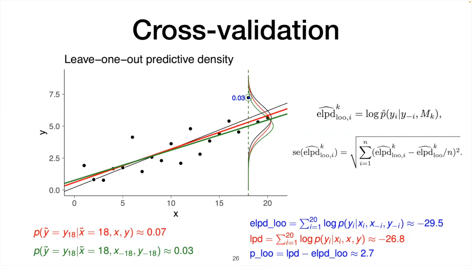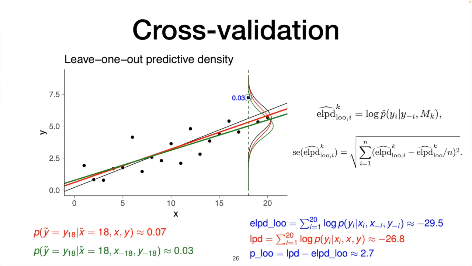I didn't get what the subtraction is. You said you subtract the LPD. Yeah, LPD minus ELPD, which is this line. So ELPD is just like you use leave-one-out training to train the model n times, and you evaluate each data point using the leave-one-out predicted density.